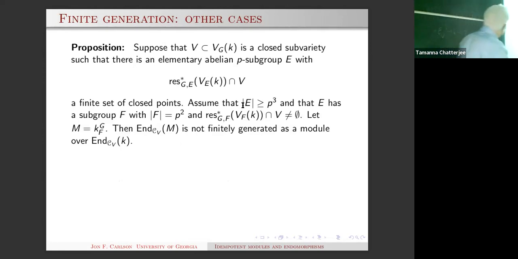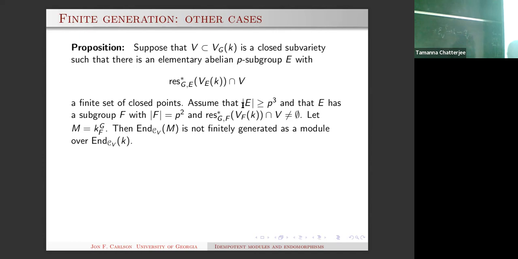By contrast, suppose we've got a closed subvariety of an elementary abelian P group E, and all I need is that this elementary abelian P group has order P cubed, and that E has a subgroup F of order P squared, such that the restriction along the subgroup is not zero.